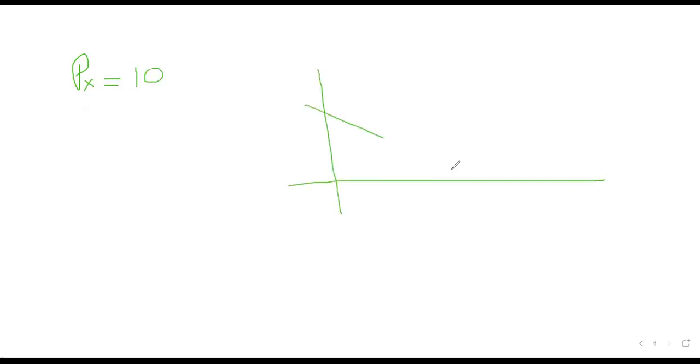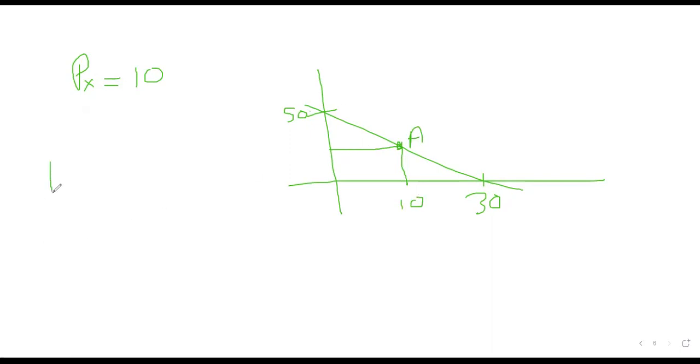I repeat, if you are given the price of X as 10 kwacha, for instance, and you are given just a graph, maybe this is 50 kwacha and this here is 30 kwacha, and you are told the consumer is at equilibrium at point A and the price of X is 10 kwacha, what is the price of Y?